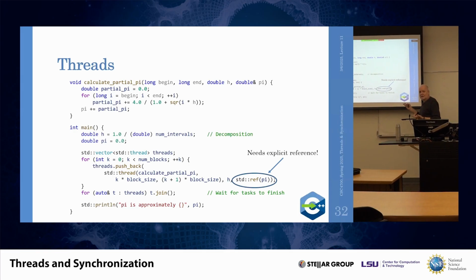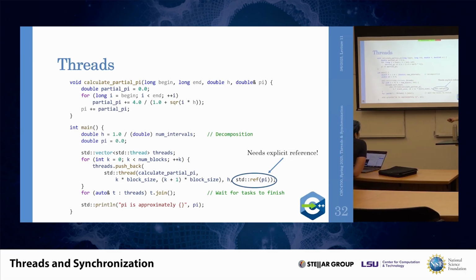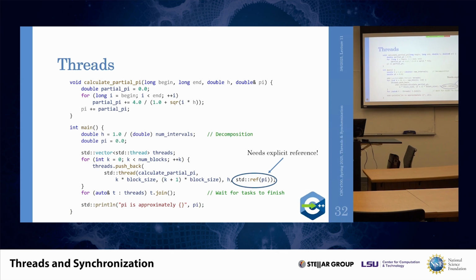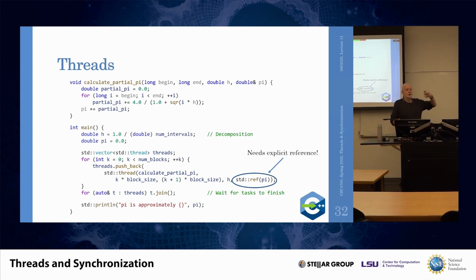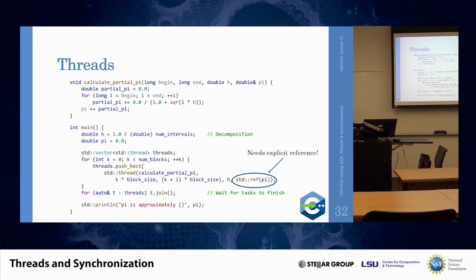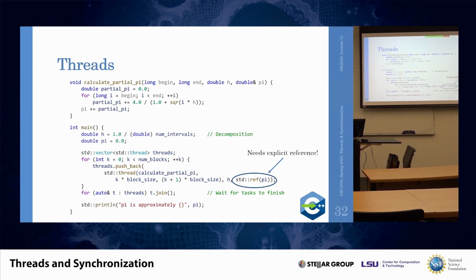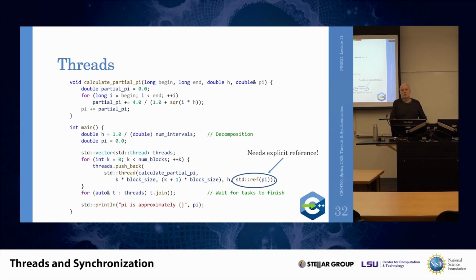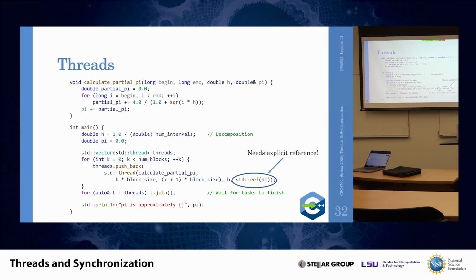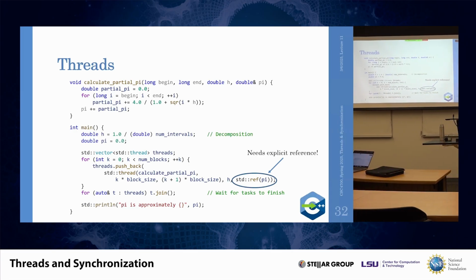So this is kind of a tricky piece, and I want to highlight that because you might run into these issues: in cases when you want to pass a reference from the main thread to the launched thread, you have to explicitly tell the thread, hey, this is a reference. Please treat that as a reference. Don't copy that thing internally, but pass along the address of my variable. Okay? This might happen to you at some point.